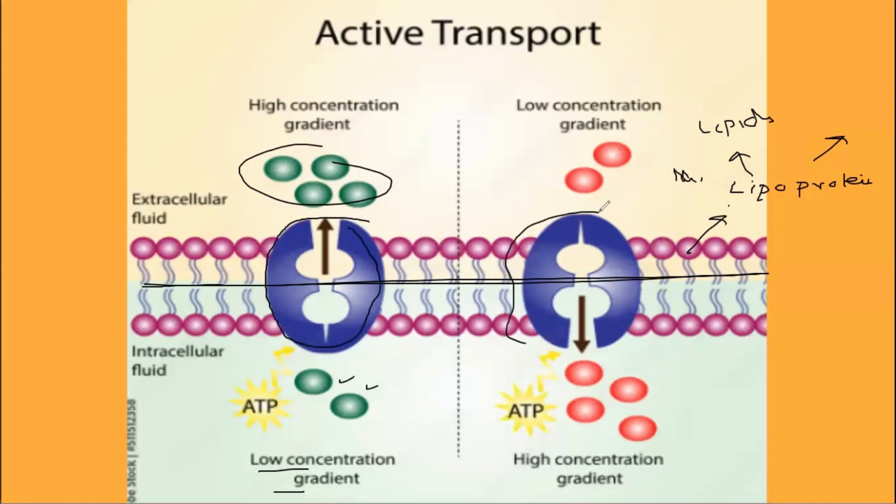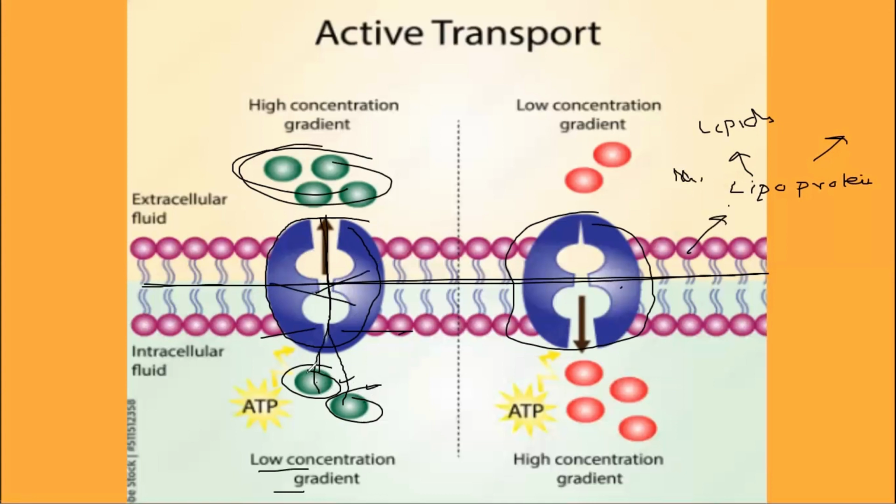These are called protein carriers. They are made up of proteins, and you can say they are just like a door. The door will open, the particles will come in, the door will close. When the fewer particles move across the cell membrane to the side where the particles are more, the door will open, let the particles go, and the door will close.